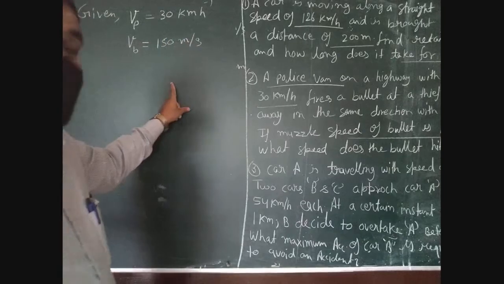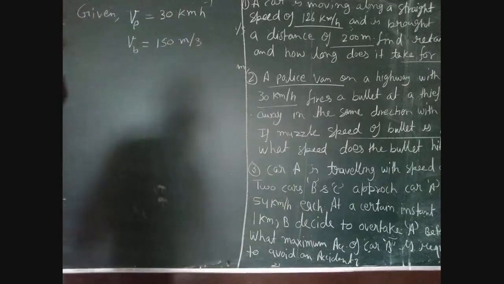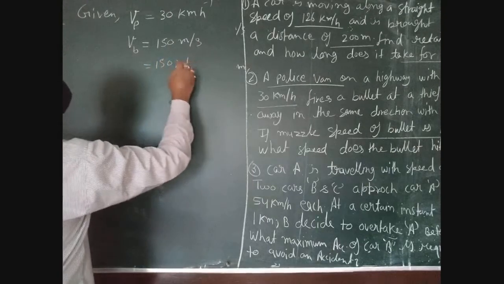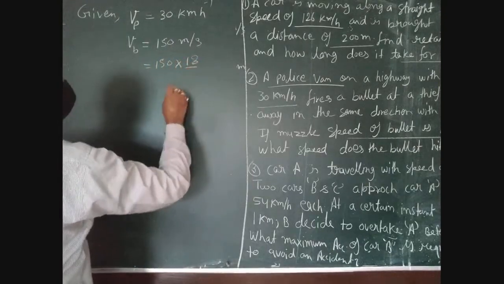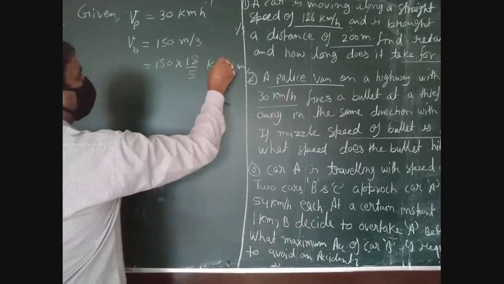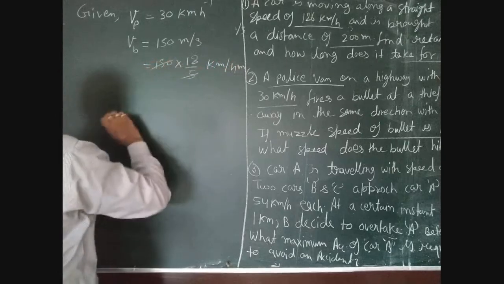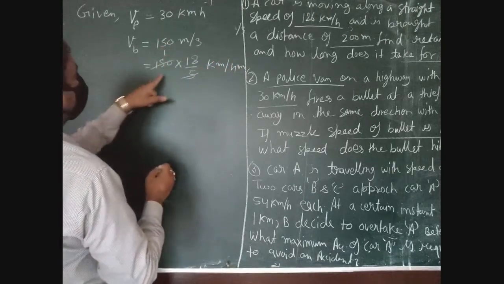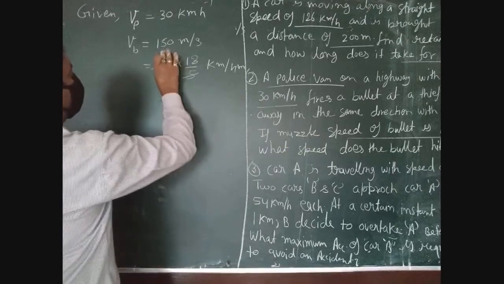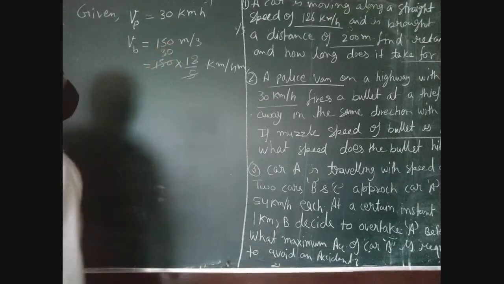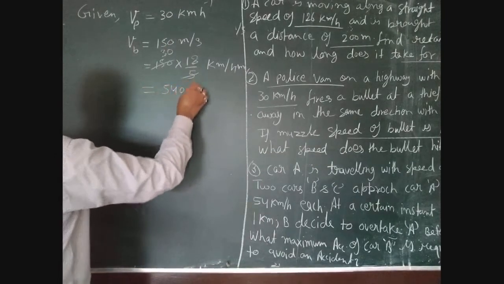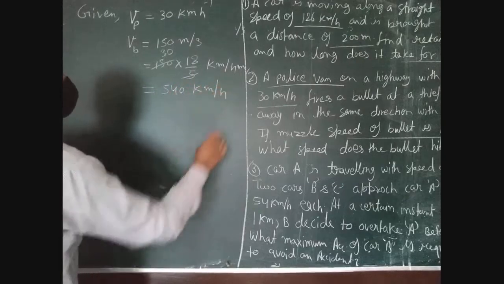This 150 meter per second needs to be converted into kilometer per hour, so it will be 150 into 18 by 5 kilometer per hour. This will cancel by 30 times, and you will get the result 540 kilometer per hour.